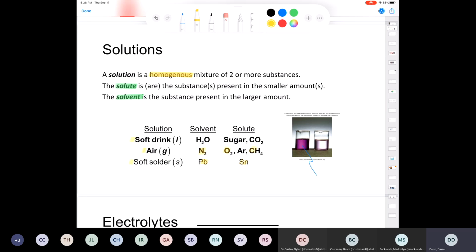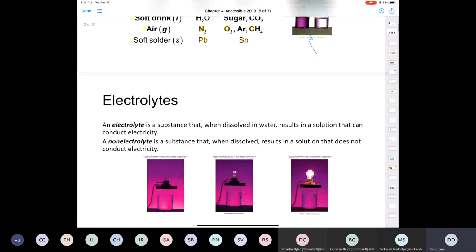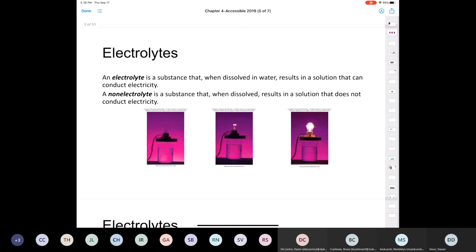Well, let's switch gears and talk about a specific type of solution, which is an electrolytic solution. And before we do that, we have to define what an electrolyte is, okay? So again, some more definitions that you have to know. It says here that an electrolyte is a substance that, when dissolved in water, results in a solution that can conduct electricity.